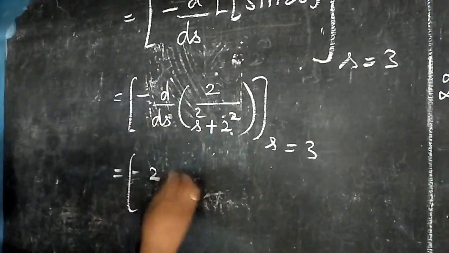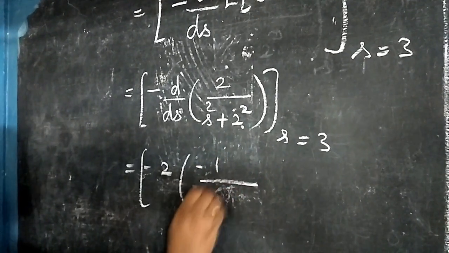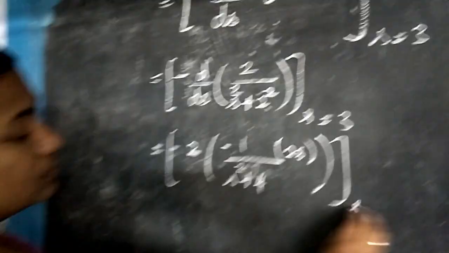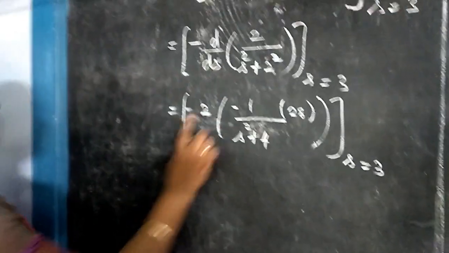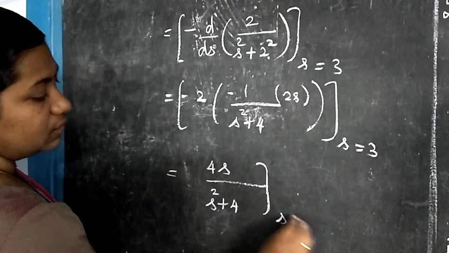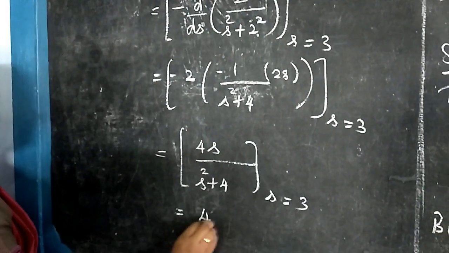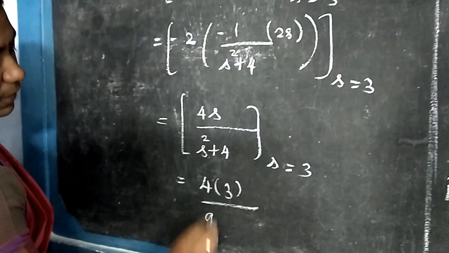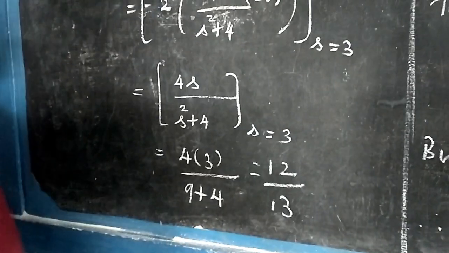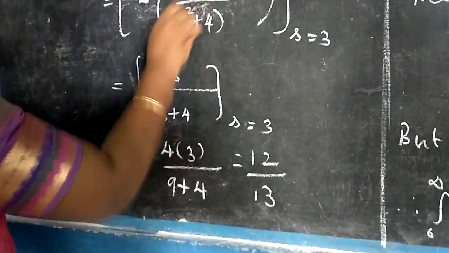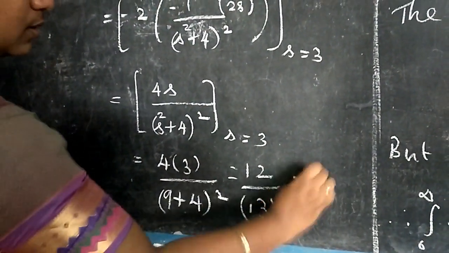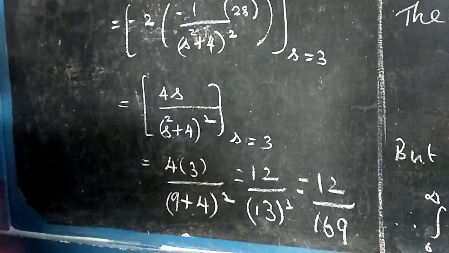Differentiating this function, we get minus 1 by s square plus 4 whole square into 2s times 2, that is 4s by s square plus 4 the whole square. But s is equal to 3. It is 4 into 3 by 9 plus 4 the whole square, which is 12 by 13 square. It is 12 by 169.